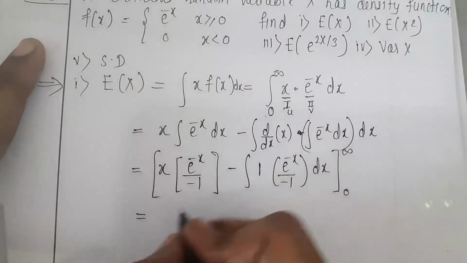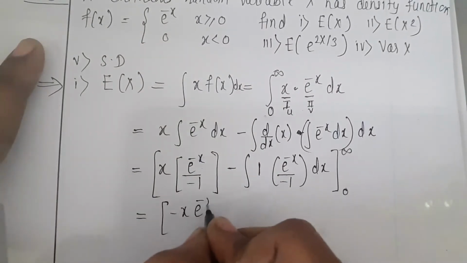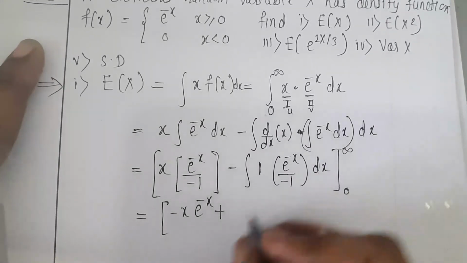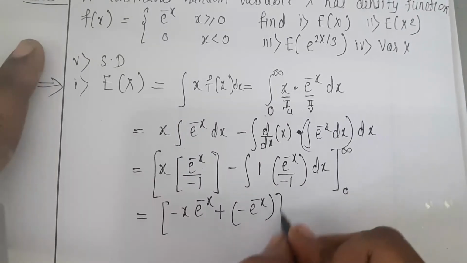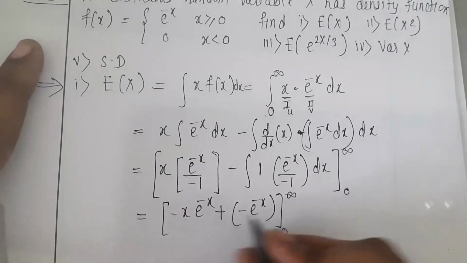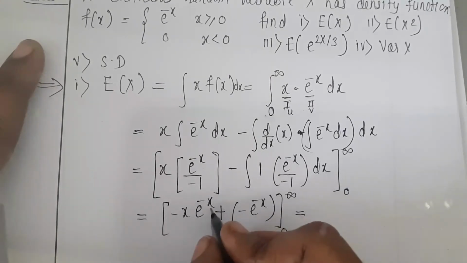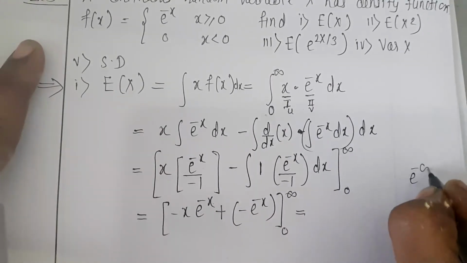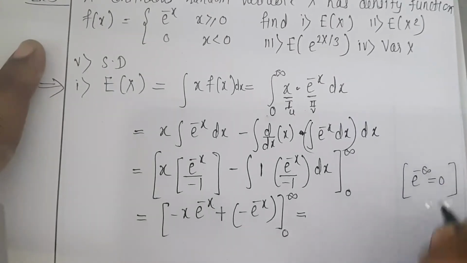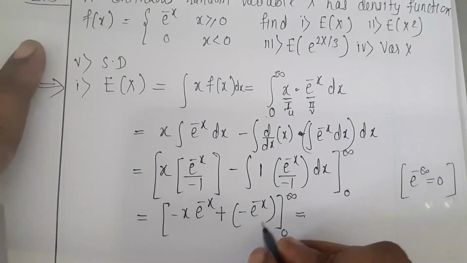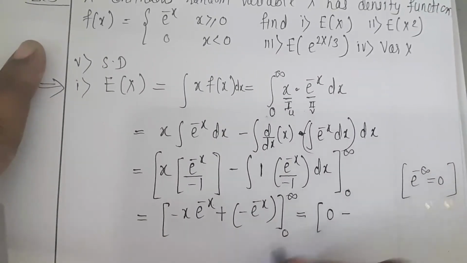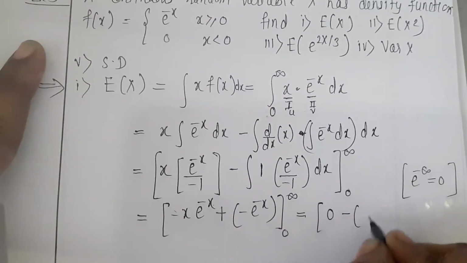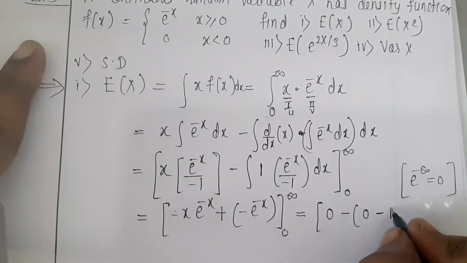So this is minus of x into e to the power minus x plus integration of e to the power minus x, which is again minus of e to the power minus x, over the limit 0 to infinity. Now substituting the limit, first if we put infinity, e to the power minus infinity is 0. So remember this, e to the power minus infinity is 0. The second part also becomes 0. So the upper part becomes 0, minus the lower part at x equal to 0. This is 0 minus of e to the power 0, which becomes 1.